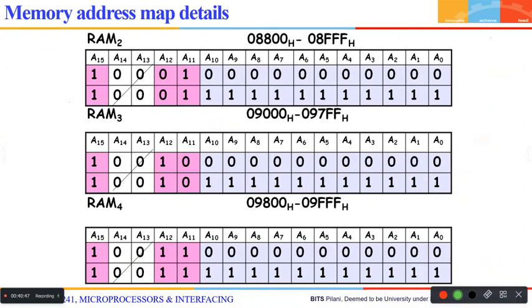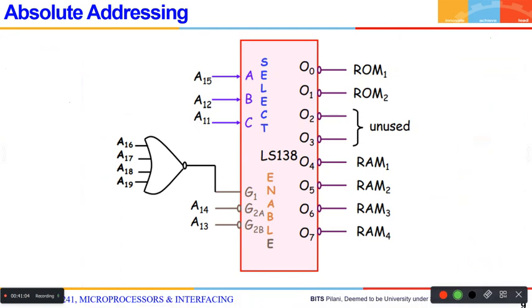A11, A12, and A15. The remaining lines A13, A14, A16, A17, A19 you can use for the enable. Right? It's very easy, yes or no? Once you got this table, that's all. This is the final answer.